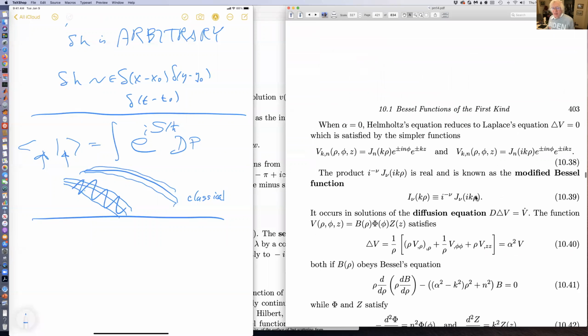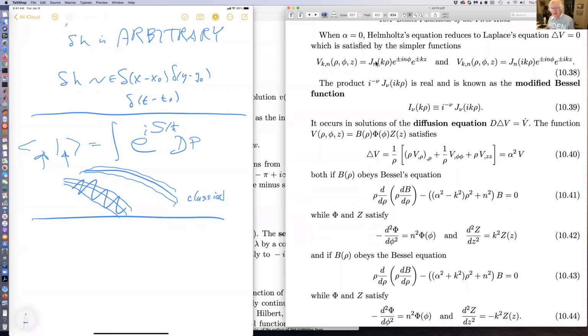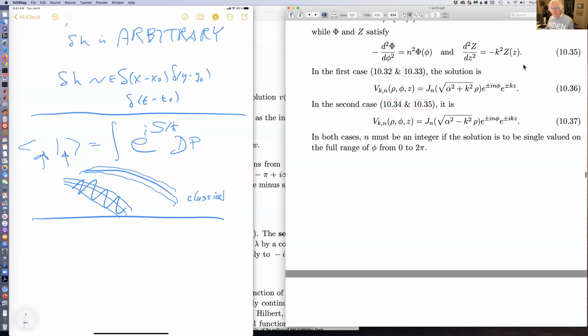And so what we've got then is these simpler equations. And now what we see here is that we have to consider the case where the argument of the Bessel function is real, but also when it's imaginary.